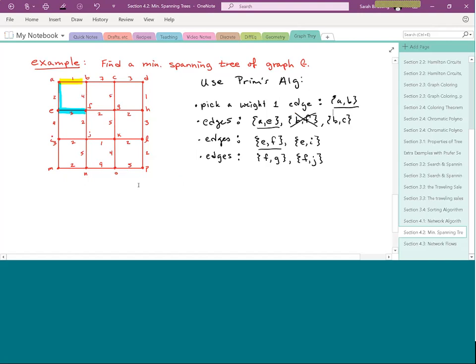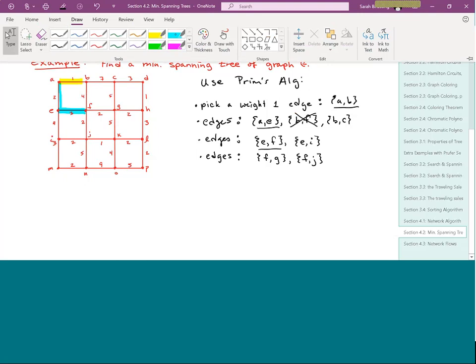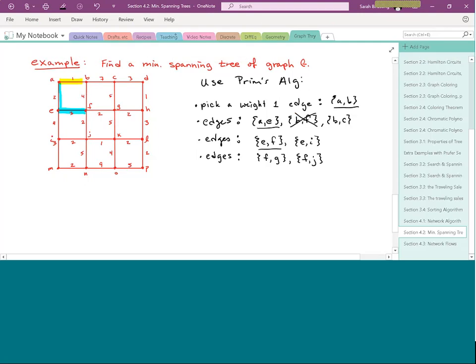Yeah, we have two options, and there are two weight edges. We have FG or FJ. So who do you guys want to throw into the spanning tree next? Hint, it doesn't matter. I saw FG come in first. So let's grab FG. That's totally the one that I'd probably pick too.